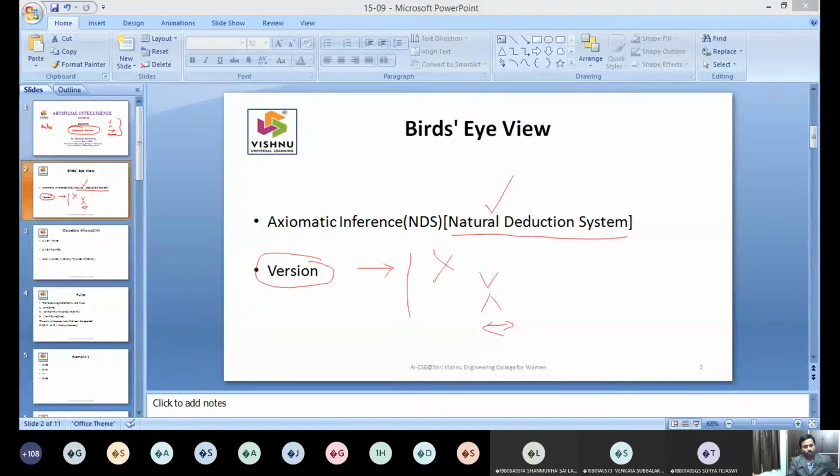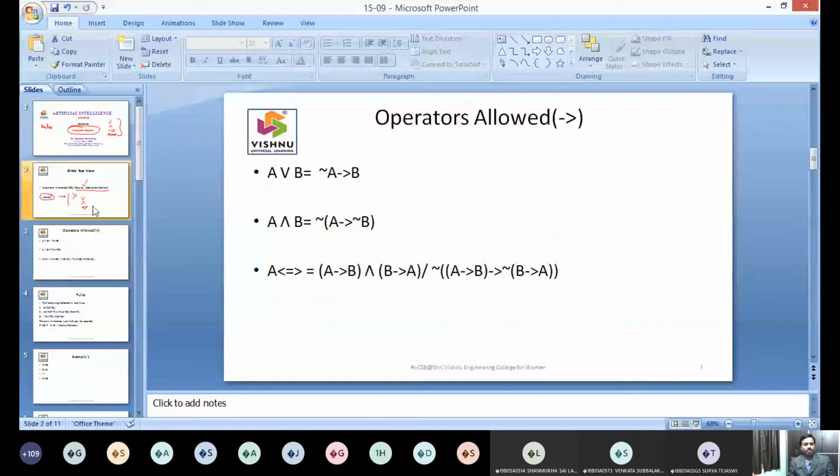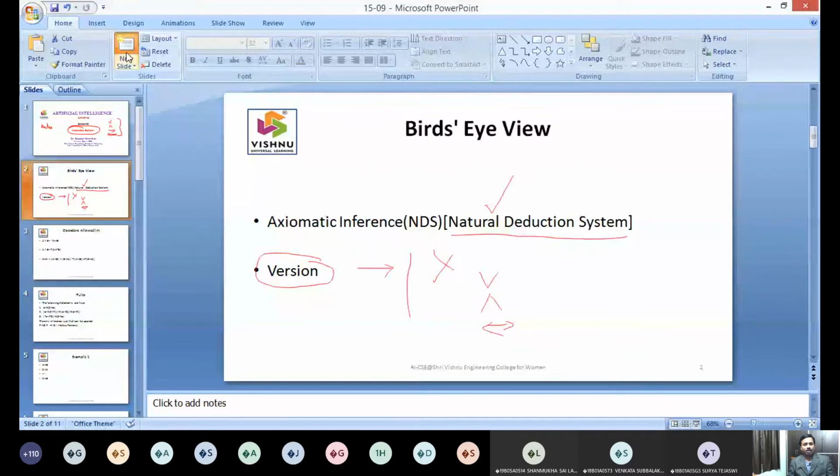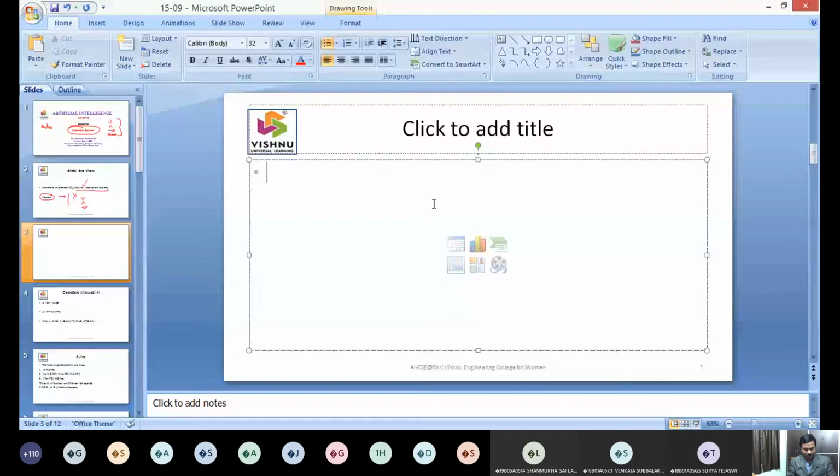Now if you wish to get into the next slide, I need to represent A or B, or I need to represent A and B. How can you get this? I will write here, this is better. How do you write A or B in terms of implication? How do you write A and B in terms of implication?